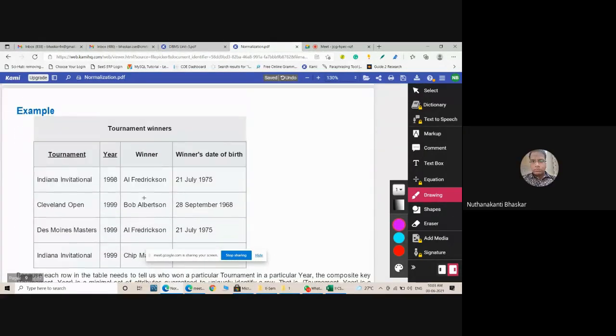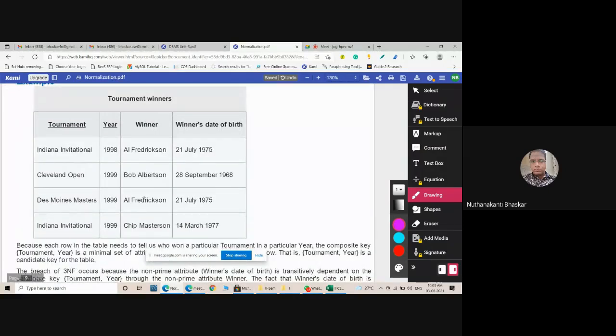Coming to another example, tournament winners. Maybe this is another example I have taken. Here, tournament, year, winner, winner's date of birth.